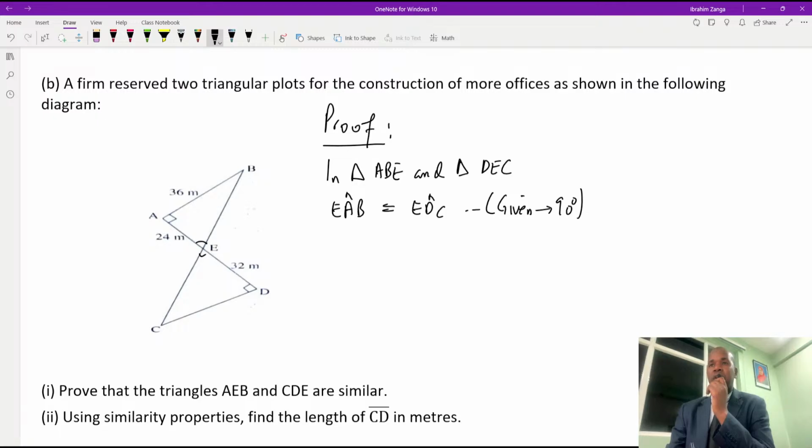This angle and this angle also are vertically opposite angles. So angle AEB in the first triangle will be equal to angle CED in the second triangle, and the reason will be vertically opposite angles.